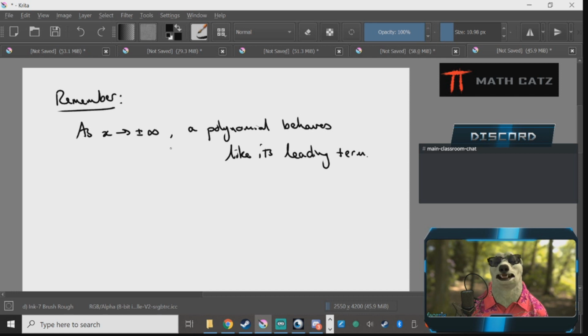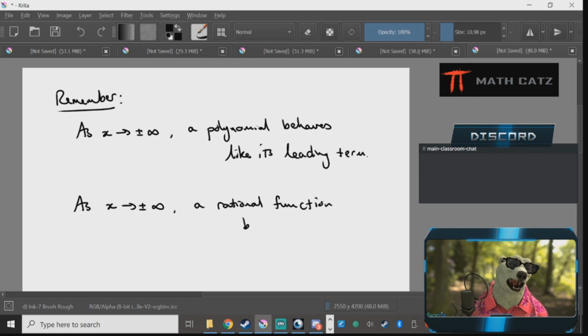That's the key property of polynomials. So now I want to ask the same thing about rational functions. When I go far to the left or right, a rational function behaves how? That's the question.